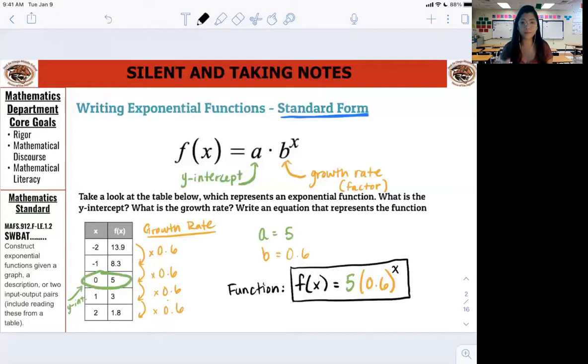All right, so now that we have one example, I want you guys to try it on your own on the next slide. So does anybody need a couple more seconds to write anything down?